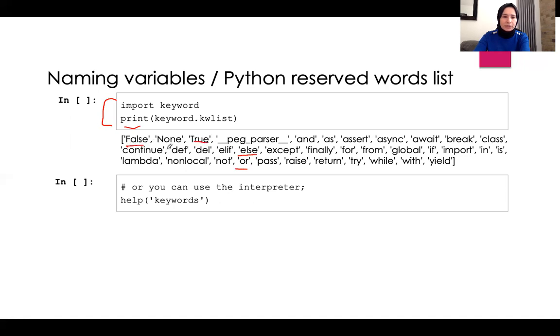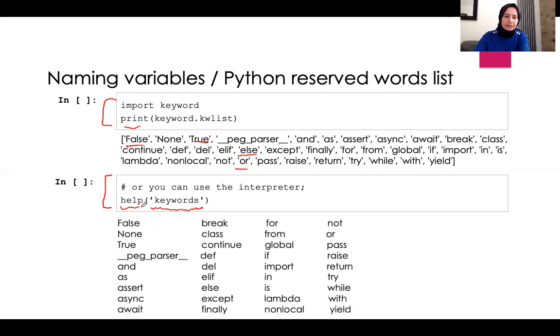Those are words that you can't use as a variable name. Alternatively, this is another way of accessing them. If you just type help, and type "keywords" inside the quotes, this will give you these results. Basically, those are the same results that we have here. Again, those are all the Python reserved words that you can't use as a variable name.